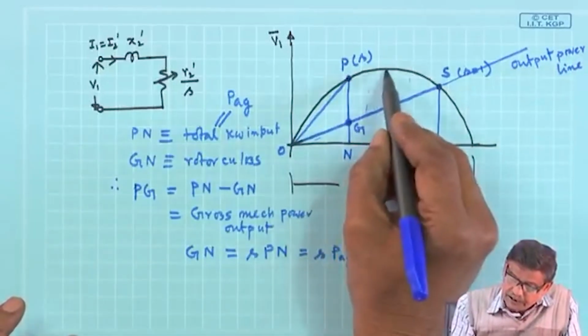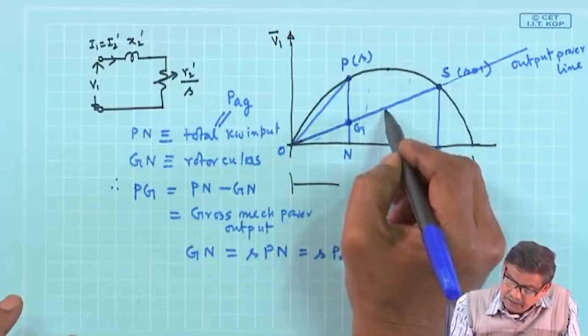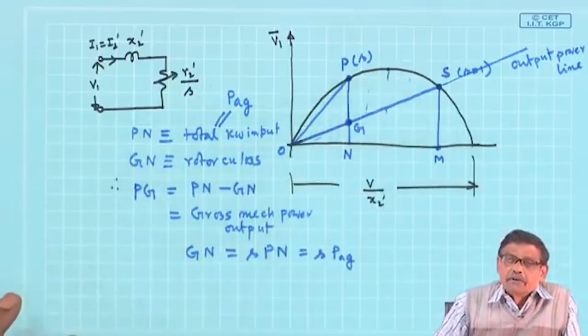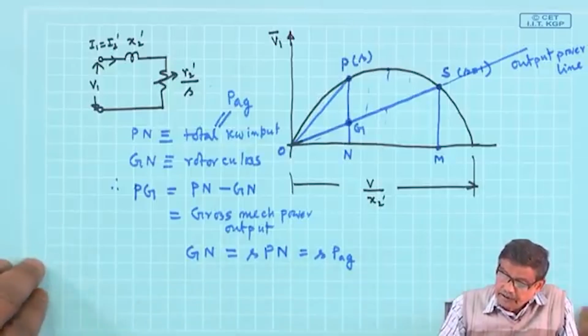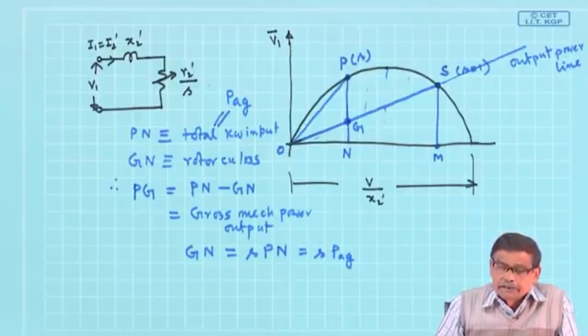If somebody says the machine is operating at this point, draw a vertical; this will be the copper loss there and this will be the mechanical power output, very simple. This way we can find out the performance of the machine.